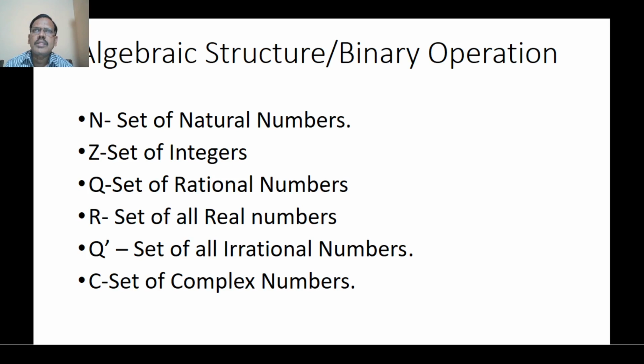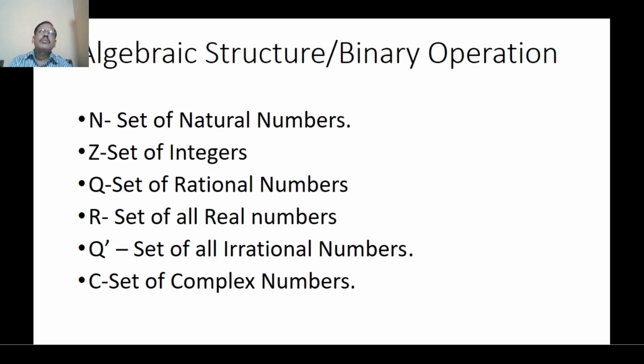The numbers which can be written in the form of p by q, where p and q are integers and q is not equal to 0, are called rational numbers. Real numbers is the union of rational and irrational numbers. It is the union of Q and Q dash.